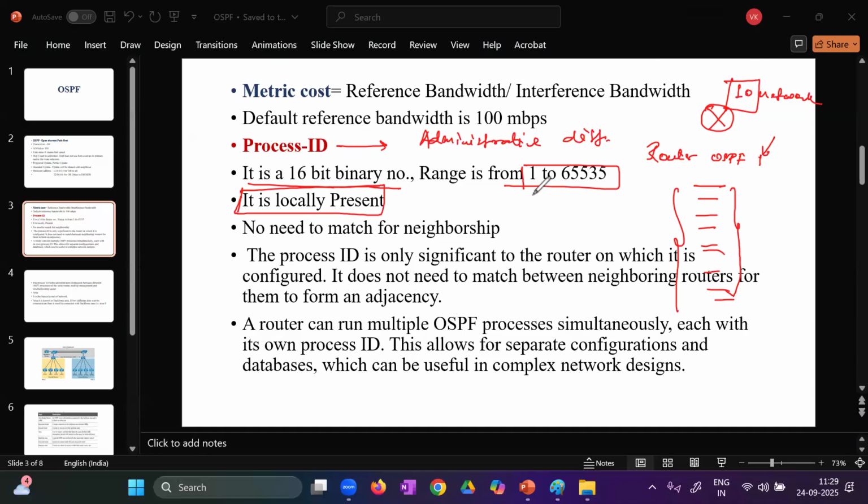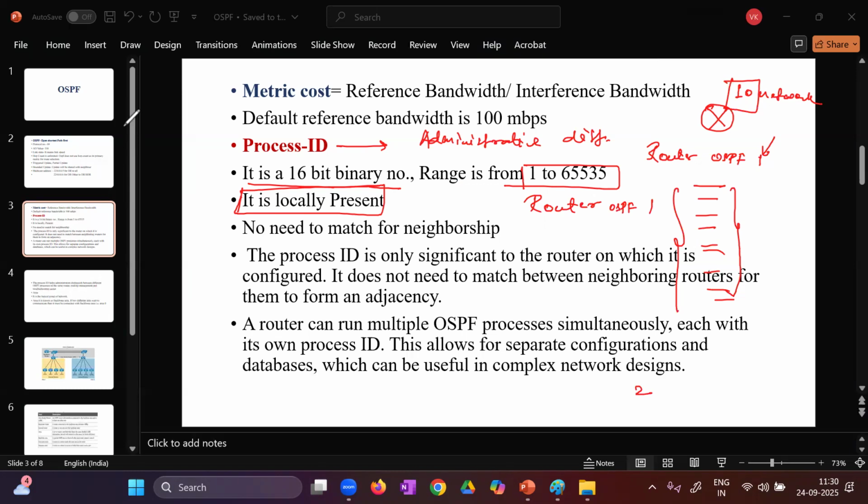What if we have distributed it? Meaning though I have 10 networks here with this single router, I will advertise the first 5 networks in process ID 1 and the rest 5 networks in process ID 2. So what we are doing now is distributing it under different process IDs.